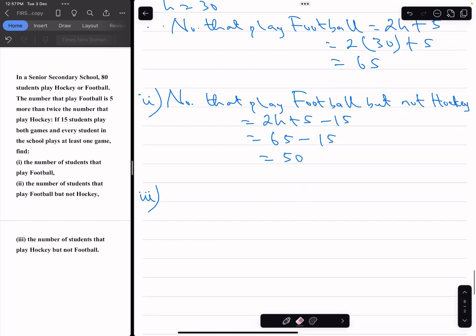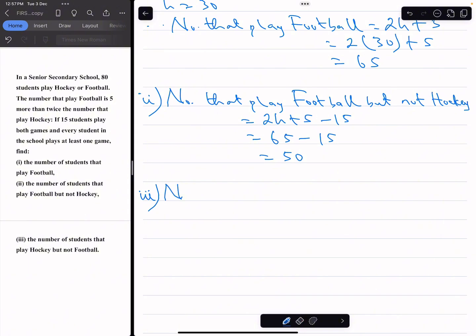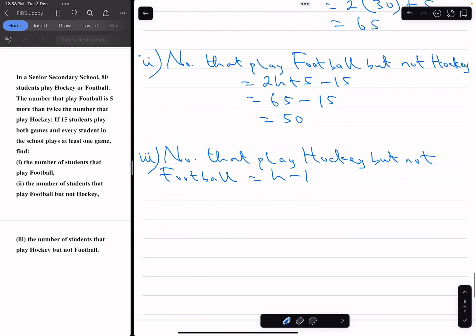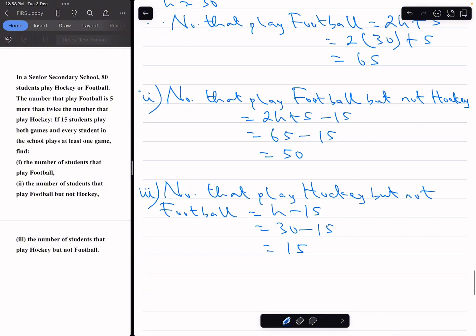Now that means the number that play hockey but not football will be equal to h minus 15, and that simply means 30 minus 15, which is equal to 15. And that's it, very, very simply.